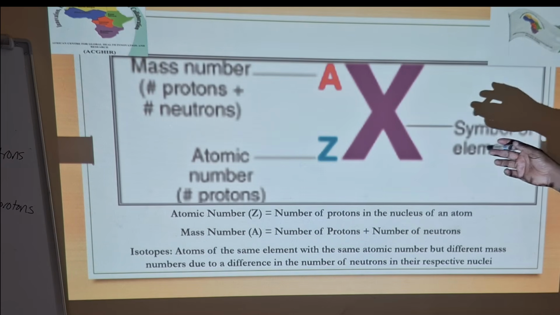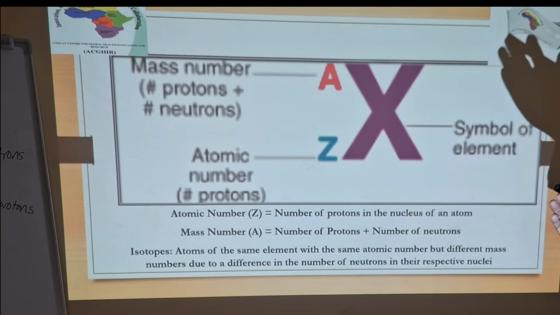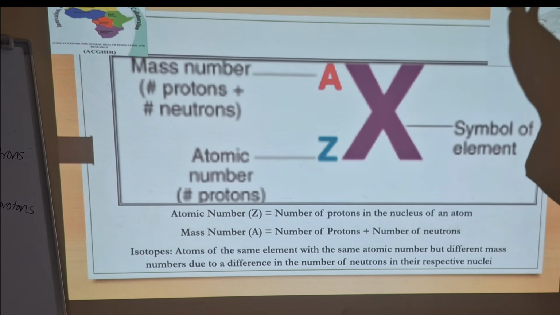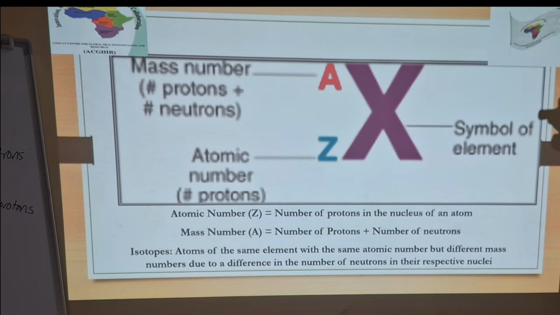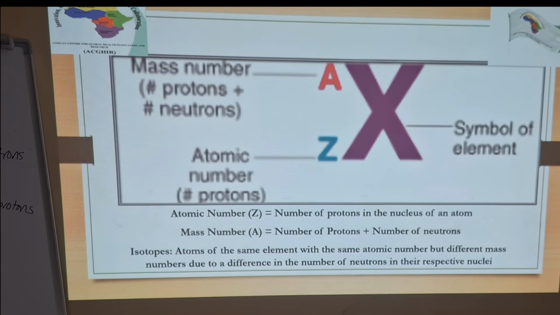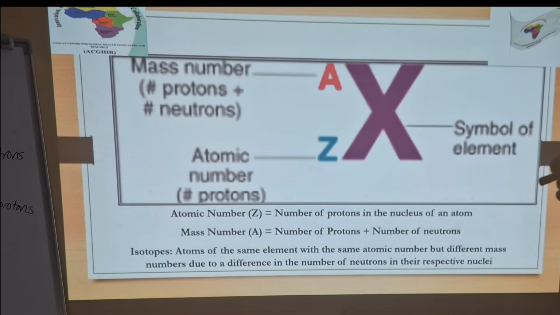And X represents the symbol of an element. Remember, I said earlier it is very important for all students to know by heart the first 20 elements in the periodic table, as it will help in determining the atomic numbers, the mass numbers, as well as the electronic configuration, which is a foundational concept in the study of chemistry. Atomic number is the number of protons in the nucleus. The mass number, also called the nucleon number, is the number of protons plus the number of neutrons.